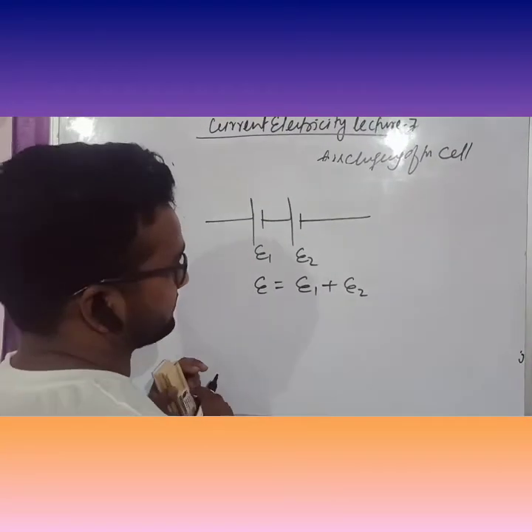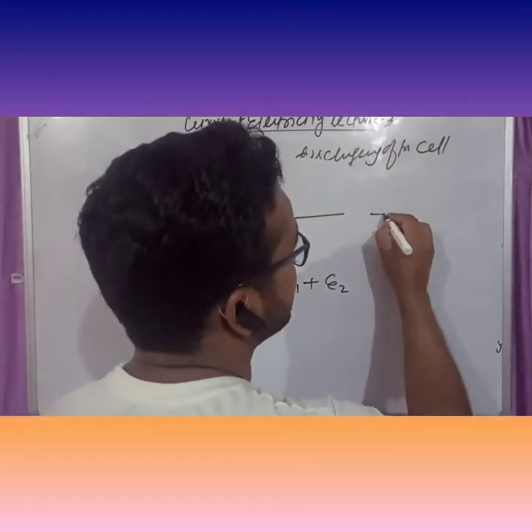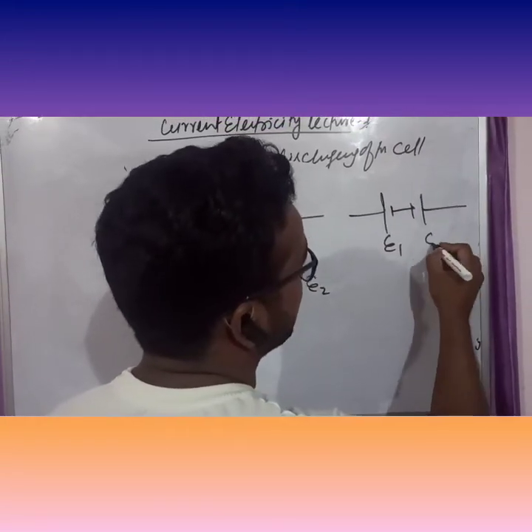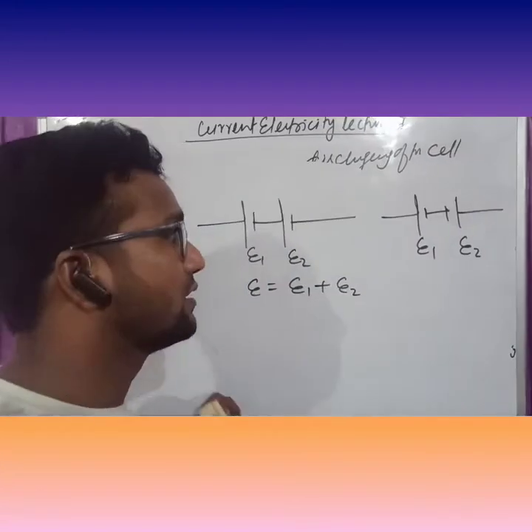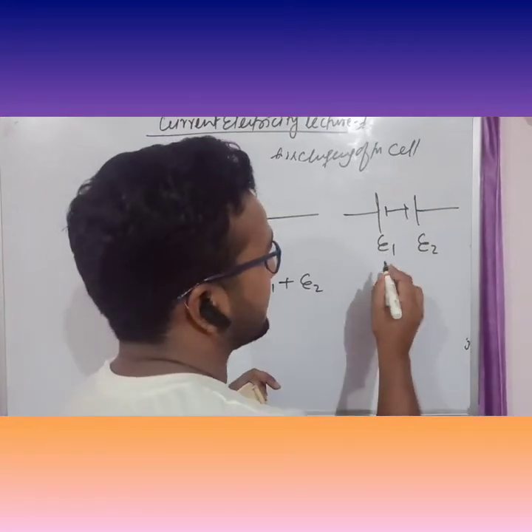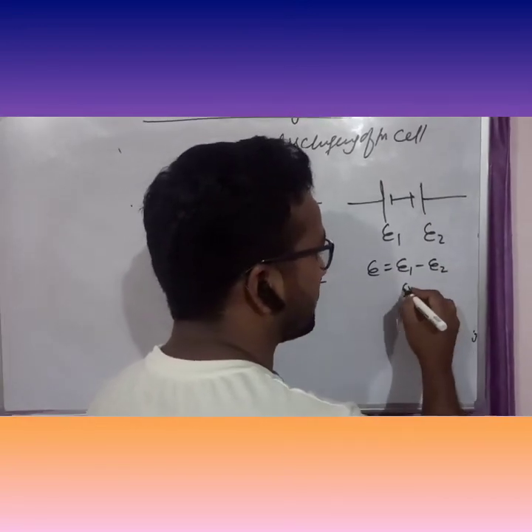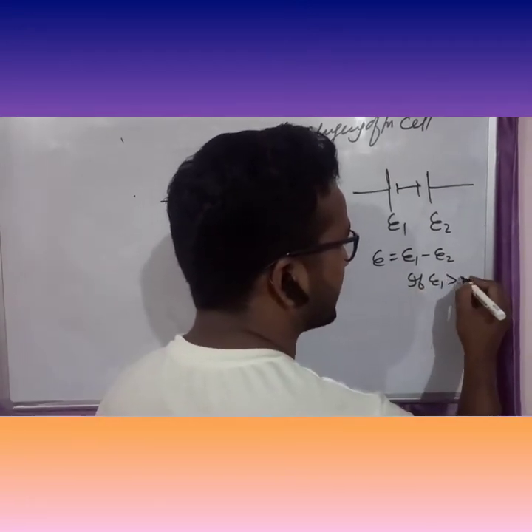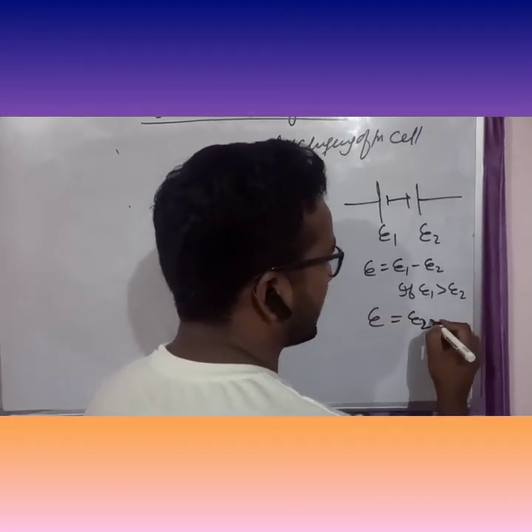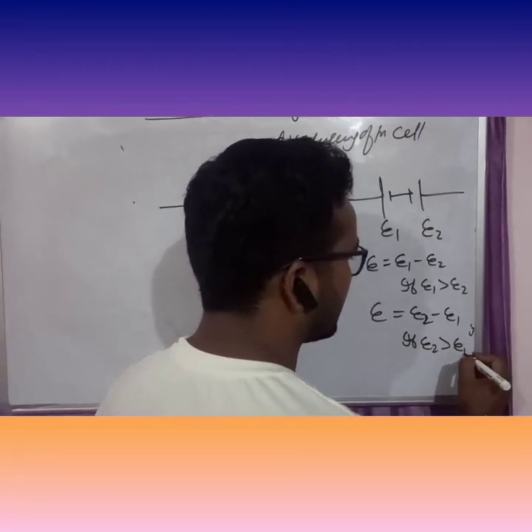Now if in the next case the cells are connected like this, E1 and E2, in this type of connection, the net EMF will be E1 minus E2 if E1 is greater than E2, or E2 minus E1 if E2 is greater than E1.